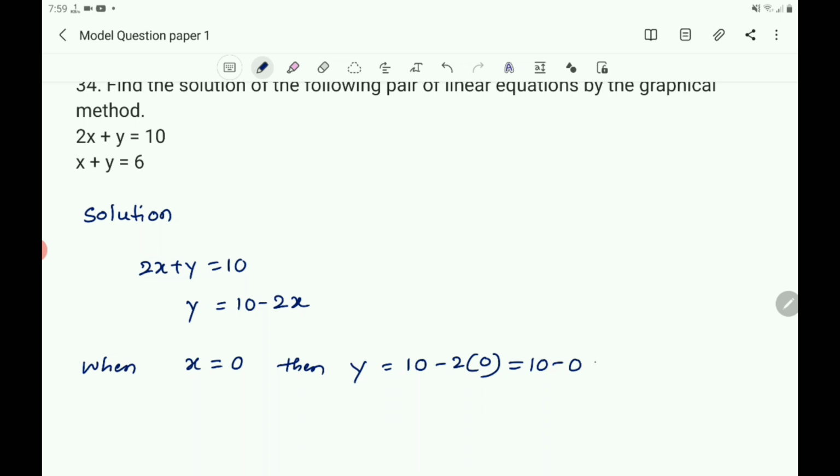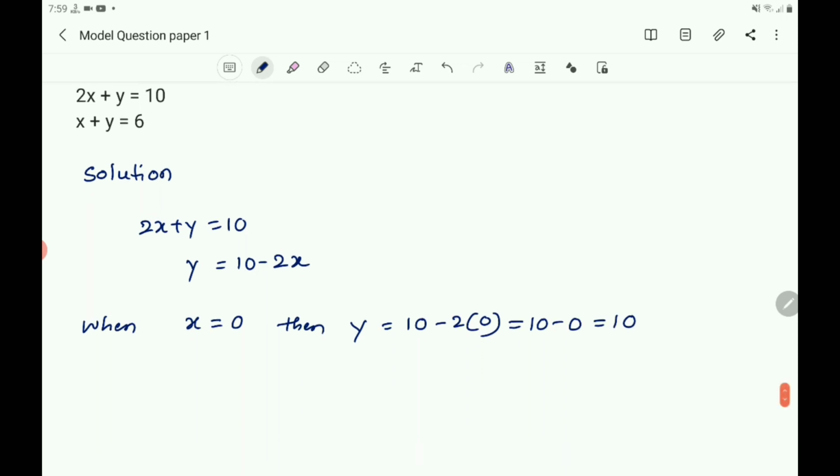When x equals 1, then y equals 10 minus 2 into 1, that equals 10 minus 2, which is 8.